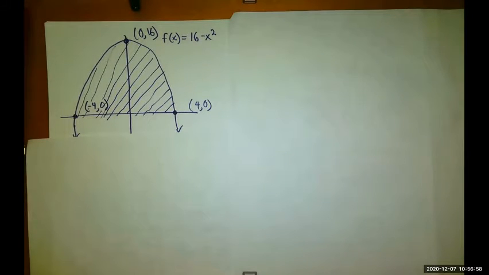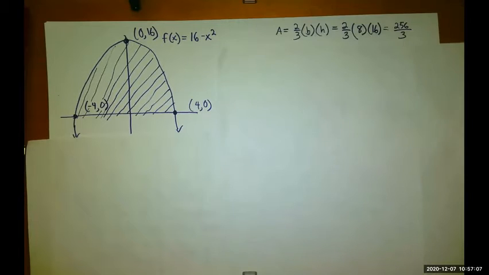That right there has a formula. It's actually been around for thousands of years. I believe it was first written down, from what we can tell, in Euclid's Elements. So there is an area formula for it.